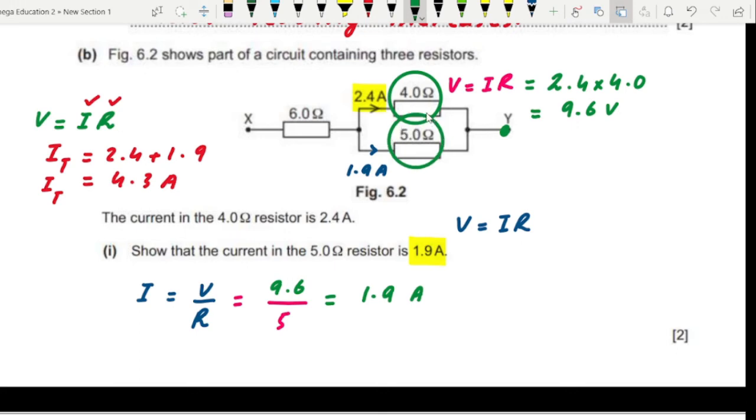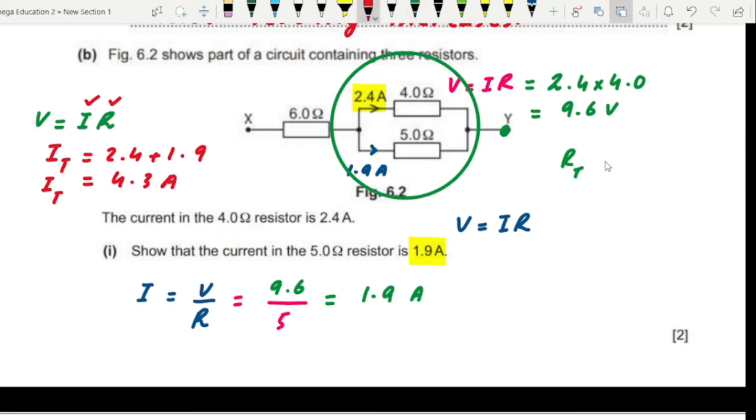They are connected in parallel combination. What would be the total resistance of this unit? For resistors connected in parallel, the shortcut is product over sum: 4.0 times 5.0 divided by the sum.